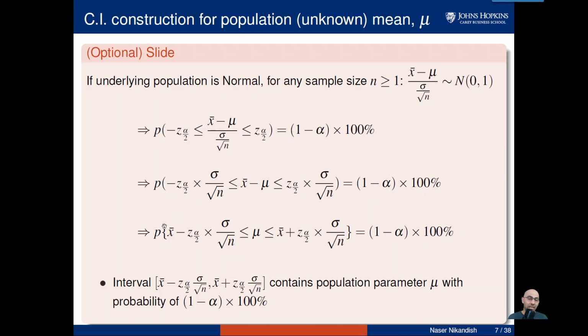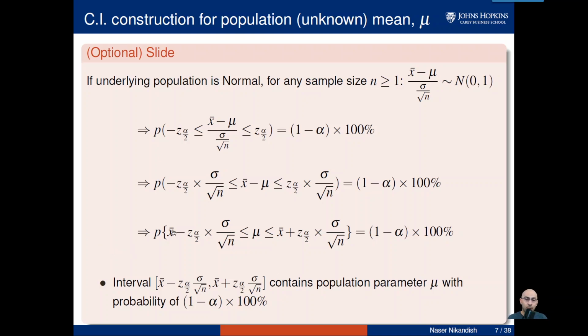See, this is exactly what I have. Probability that x bar minus z of alpha over 2 times sigma over square root of n, all the way to x bar plus z of alpha over 2 times sigma over square root of n, that this interval contains a value of mu is equal to 1 minus alpha. There you go. You have your confidence interval for mu.